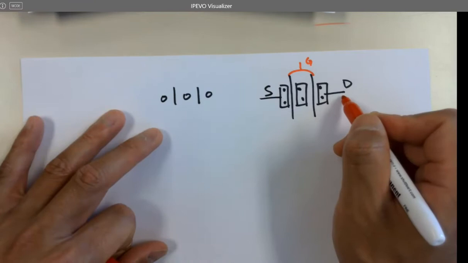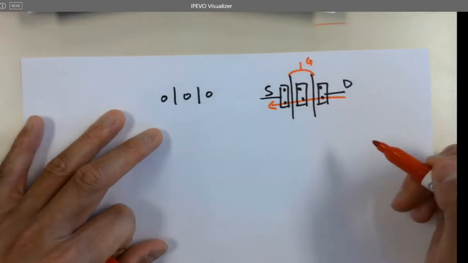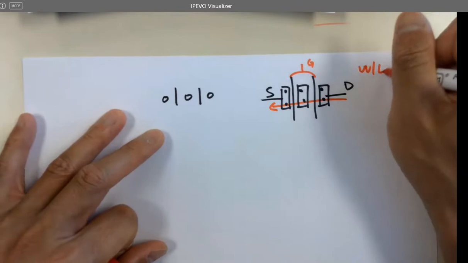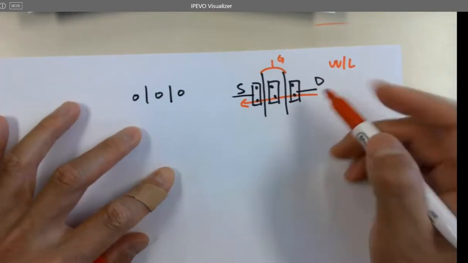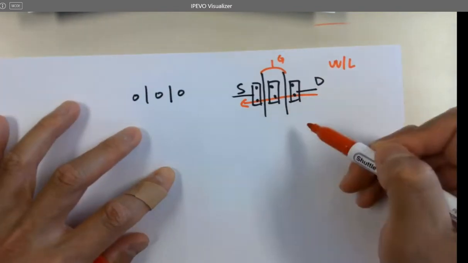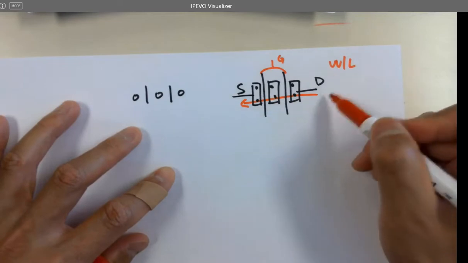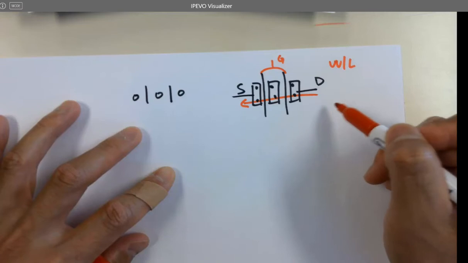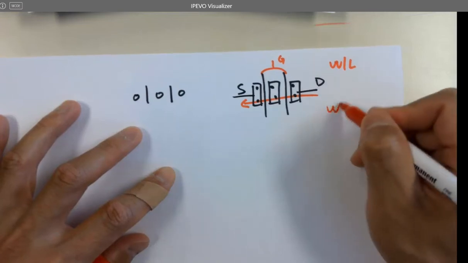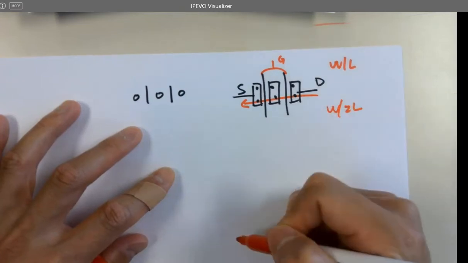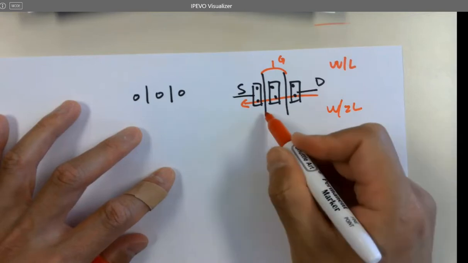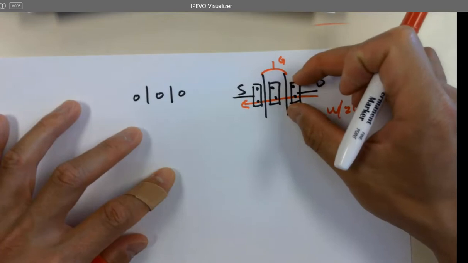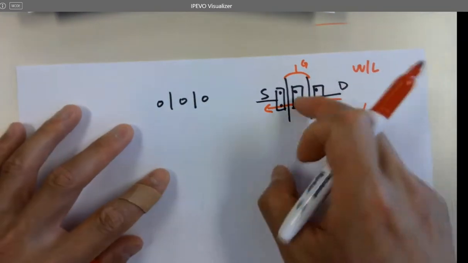And then run current in that way. For example, each transistor is W over L, okay? If I run current that way, I'm getting an equivalent transistor of what? 2W over 1L or 1W over 2L? You got it, great. Two lengths, right? But one width. Okay. So that won't work. That's in series.